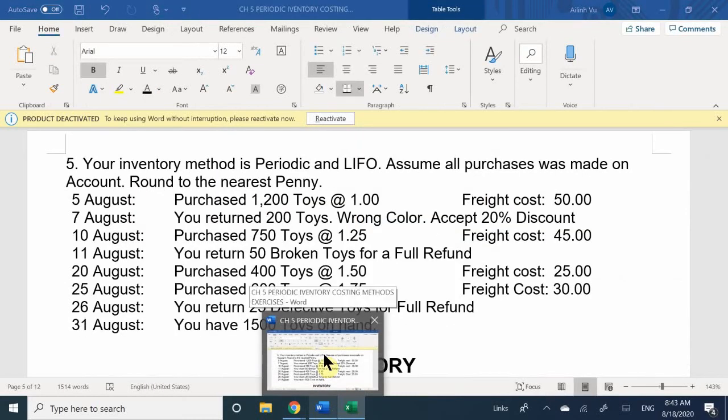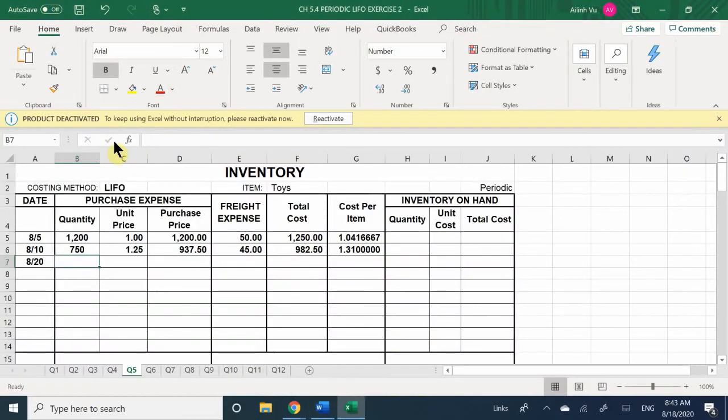Yeah, you're right. 400 toys at $1.50. That gives you $600. And freight was $25 for a total cost of $625.